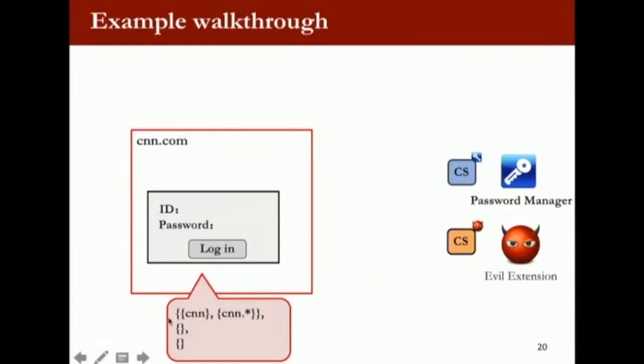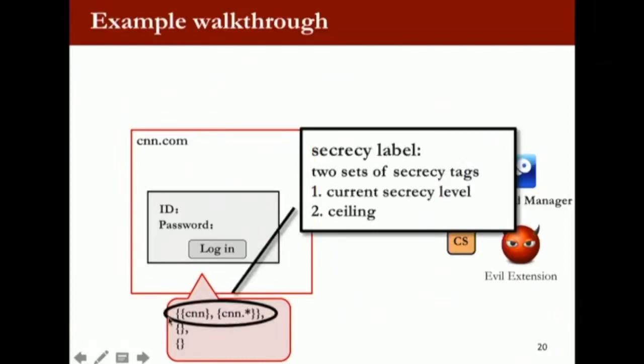Our label is composed of three parts. The first part is what we call the secrecy label. Essentially, it says what type of secret this piece of code has already received, and what type of secret this component is allowed to additionally receive. I have two parts in the secrecy label.